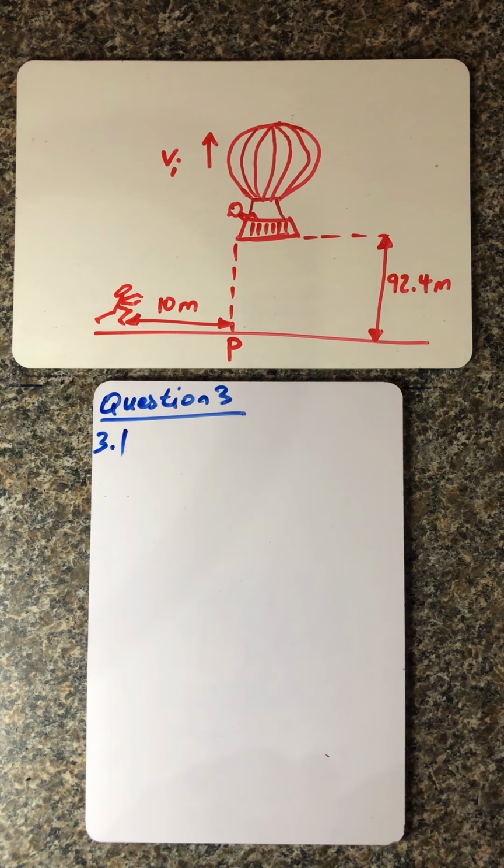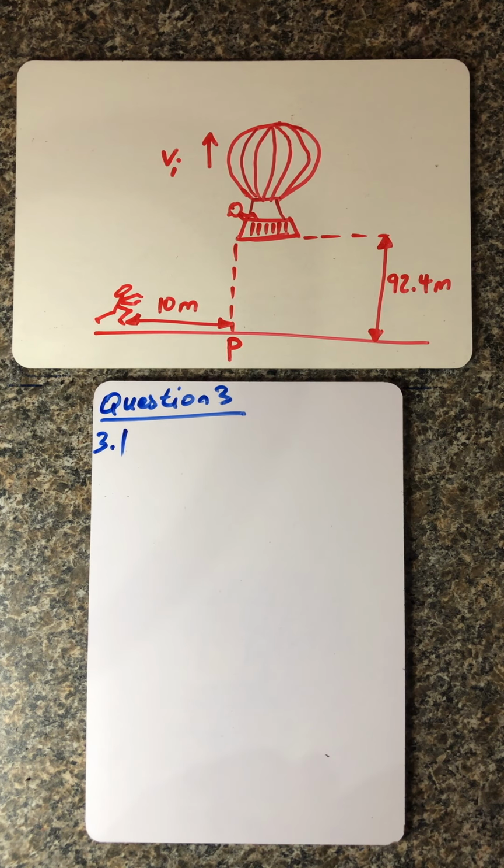Ladies and gentlemen, what is our delta y? Remember, in this case we assume downwards to be negative. Very important, ladies and gentlemen. So that's what I meant by delta y in that case.